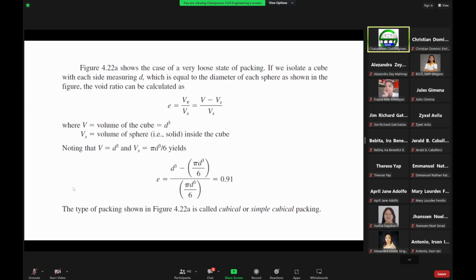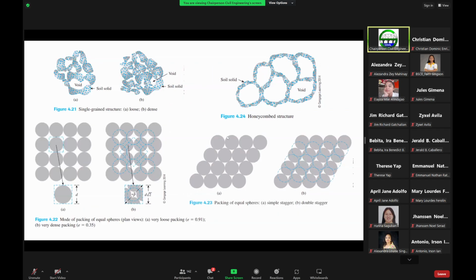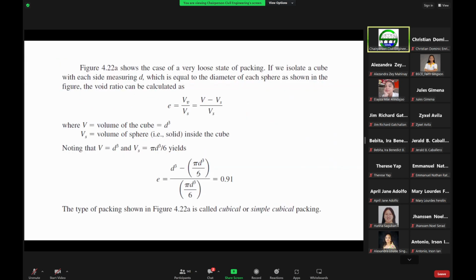So this is the volume of the cube, that's d cubed. Then this is the volume of the sphere, that's pi d cubed over 6. If you substitute these values here, this is d cubed, and then Vs is this one, over Vs. Then from here, you can just factor out d cubed.